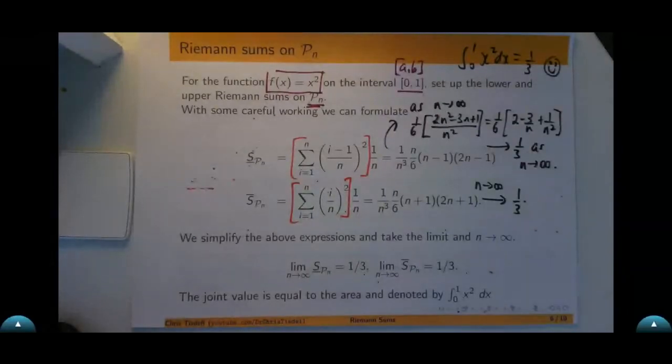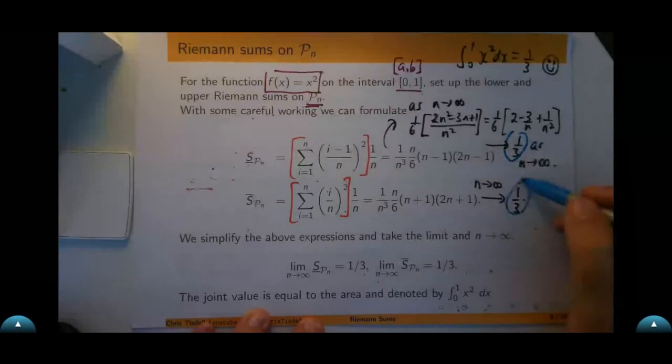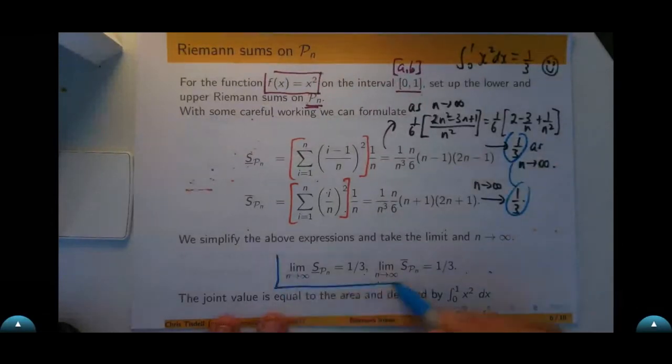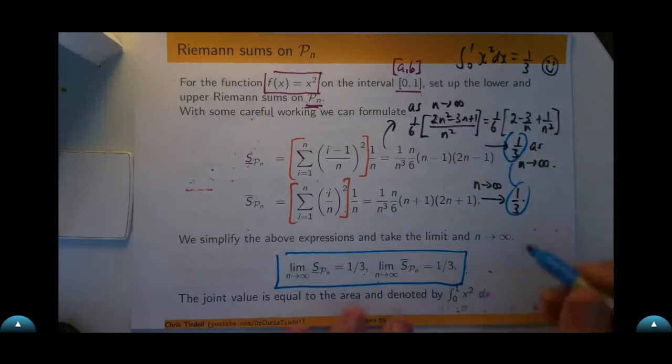All right. So the most important thing I think here is that once you get these values, they need to be the same. If they're not the same, then you've either made a mistake or the thing is not Riemann integrable, right?